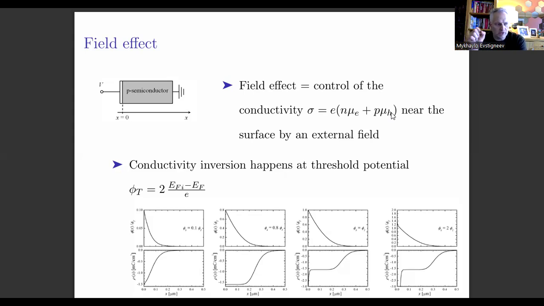Now, in this formula, I would like to point out that the mobility values, mu E and mu H, near the surface are not the same as the bulk mobility values, because the scattering mechanisms are not the same at the surface and in the bulk. In the bulk, the main scattering mechanisms are the scattering of the charge carriers by phonons, quanta of lattice vibrations, and also by defects and impurities of the crystal lattice.